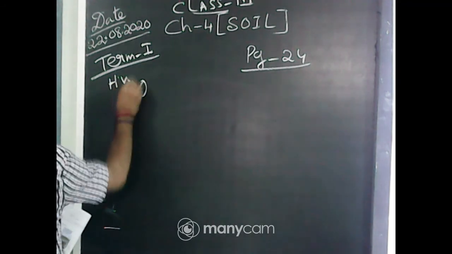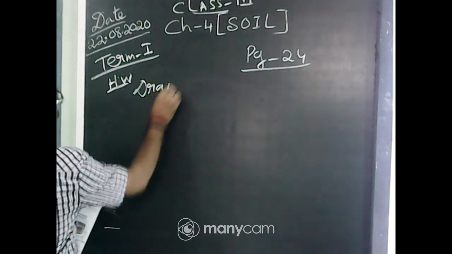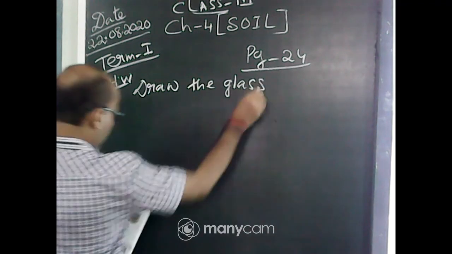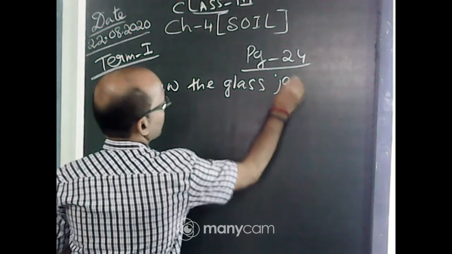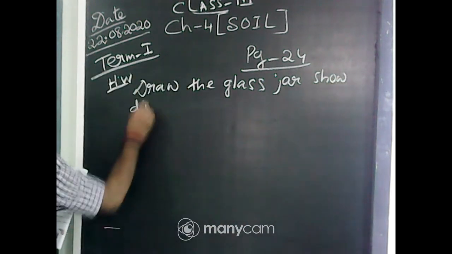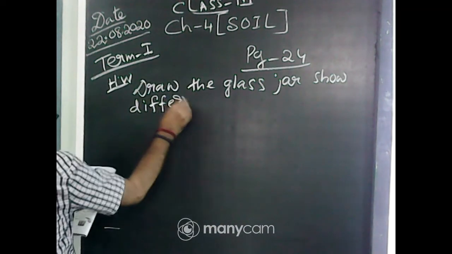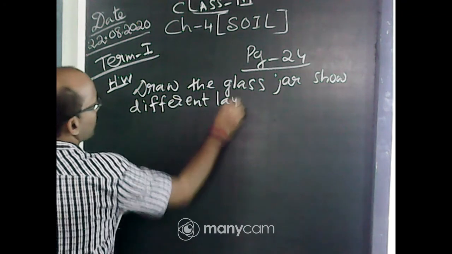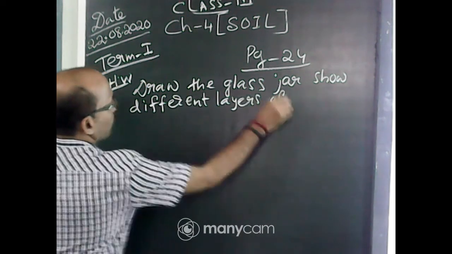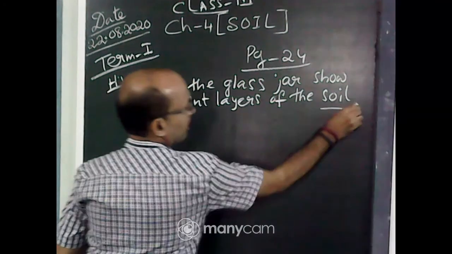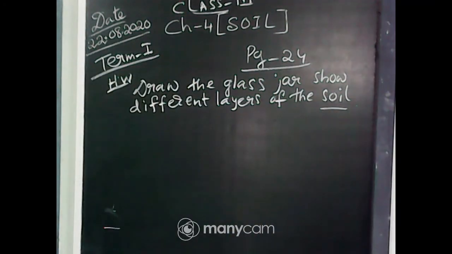I am repeating it. Draw the glass jar showing different layers of the soil. You will draw this in your science notebook, means your science copy.